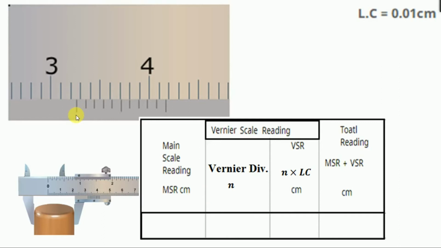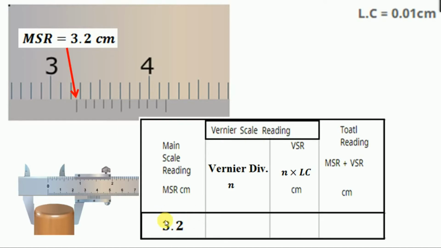To know the main scale reading we have to see the zero of the vernier. Wherever the zero of the vernier is pointing is the main scale reading. Zero of the vernier is out here, so the main scale reading is between 3.1 and 3.2. So this is 3.1, 3.2. So the main scale reading is 3.2. I'll note down the main scale reading out here, 3.2.